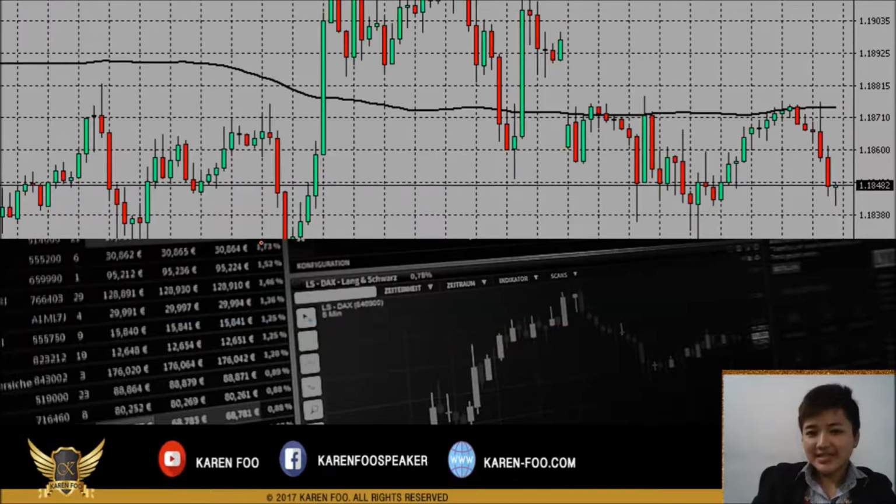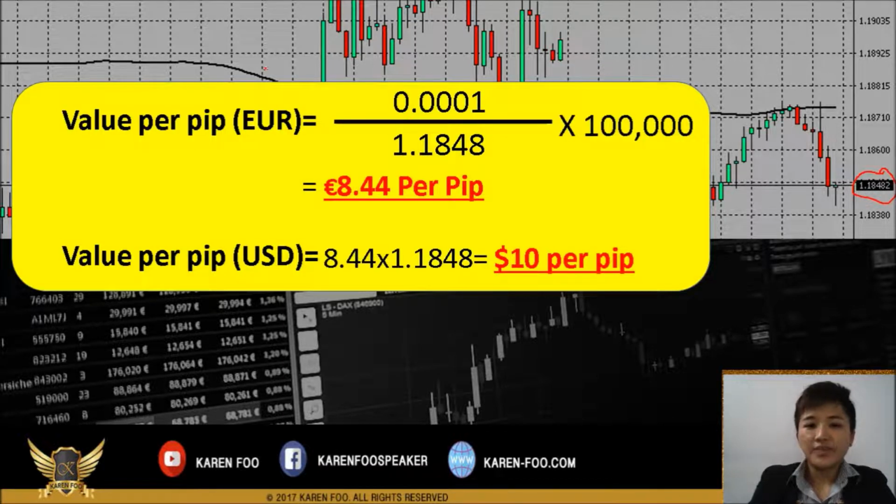Okay, give you another example, euro dollar. So remember, for euro dollar, we use 4 decimal places to calculate. And let's say you want to enter a sell right now, or maybe a buy. Not likely a buy, but a sell. Current price is 1.18482. So again, value per pip. Number of decimal places, 4 decimal places, 0.0001 times your trade size.